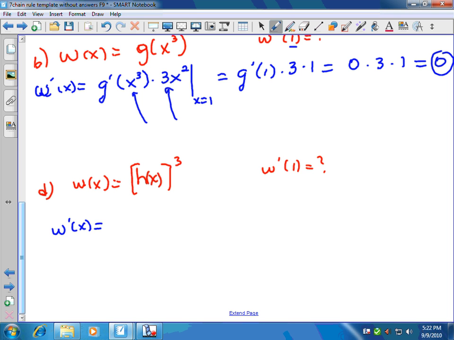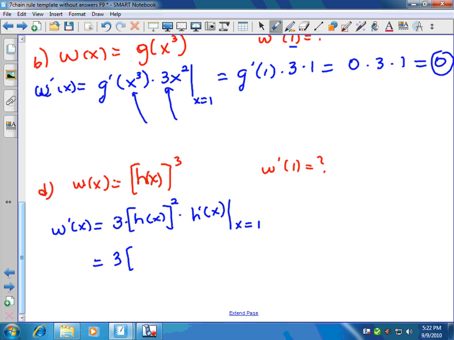So here I have clearly an outside function, and that is a cubing function. So I'm going to rewrite the derivative as 3 times h of x to the second power. And what do I need to multiply this with? The derivative of the inside, of course, right? We want to do all of this at x equals 1.